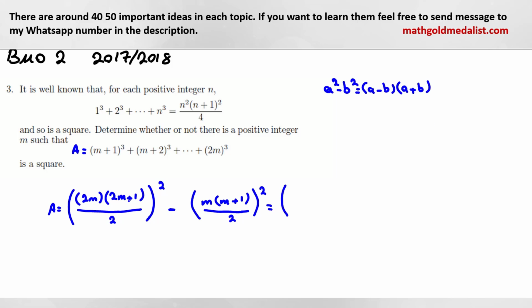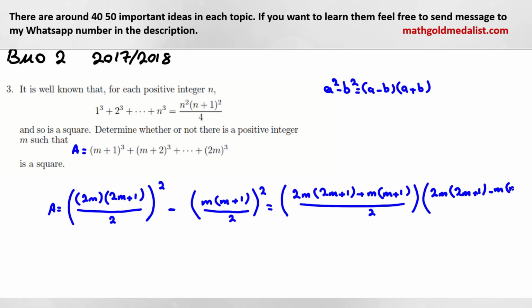It will be 2m times 2m plus 1, plus m times m plus 1 over 2, right? And 2m times 2m plus 1 minus m times m plus 1 over 2. Agreed?